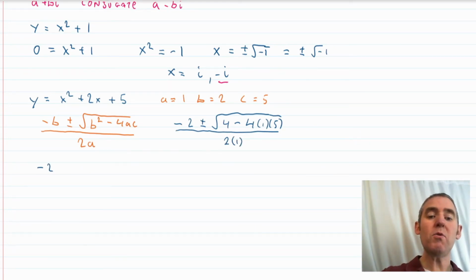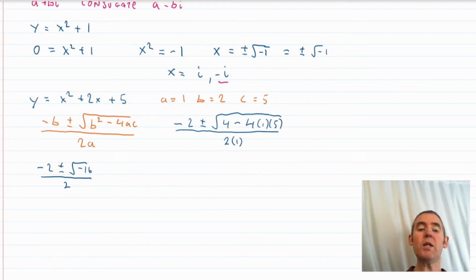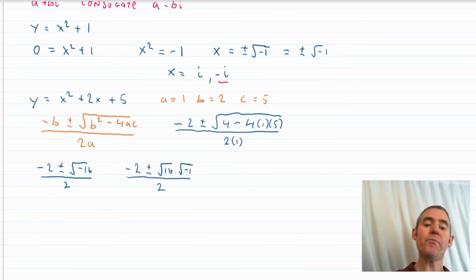I'll go down to the next line here. We have minus 2 plus or minus the square root of minus 16, all over 2. What we can do is split the minus 16 up. So we'll have minus 2 plus or minus the square root of 16 times the square root of minus 1, all over 2. The square root of 16 is actually 4, times the square root of minus 1, all over 2.